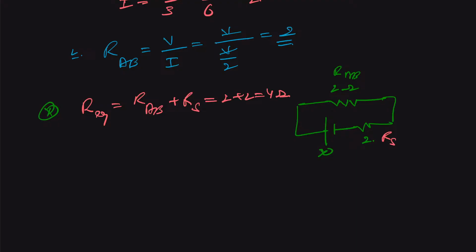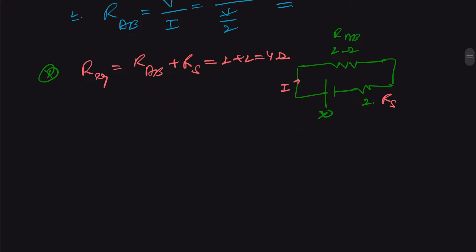And now let us assume that the current flowing in the circuit is I. So we can say that I will be equal to the voltage source, let us call this V1, so this will be V1 upon our R equivalent. So V1 is our 20, R equivalent is our 4. This gives us 5 ampere.